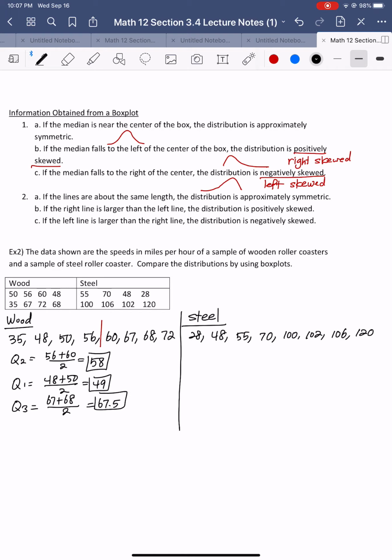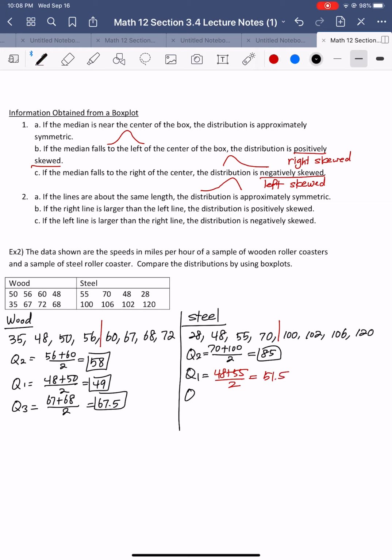Okay, for the steel roller coaster, Q2 is the 2 middle numbers. There are 8, so 70 plus 100 divided by 2 gives 85. Then for Q1, you divide the numbers in half; the bottom half gives 48 plus 55 over 2, which is 51.5.